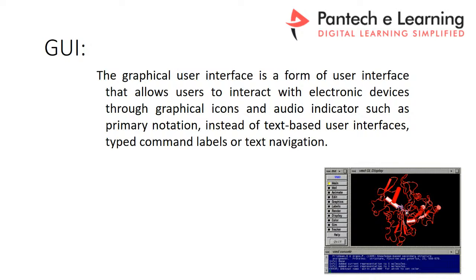This particular user interface provides an easy kind of interaction between the user and the system. Actually there are different kinds of interfaces towards the system, known as the human machine interface. The keyboard is one kind of user interface, and the mouse can also be said to be a user interface.